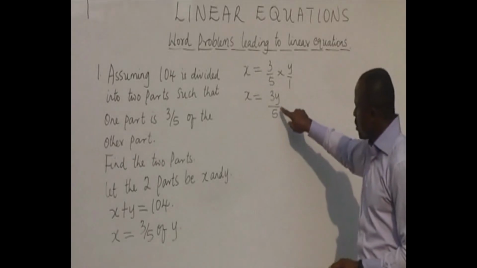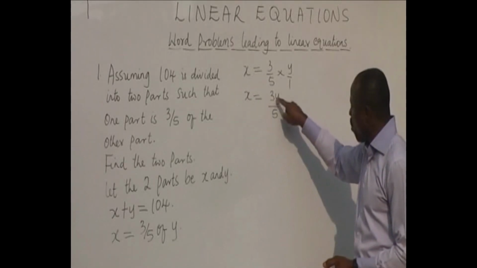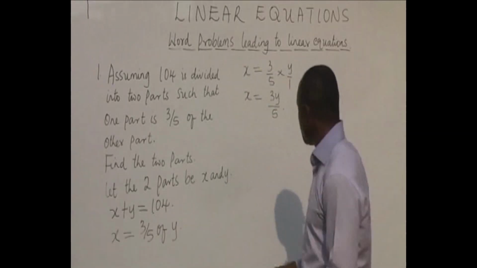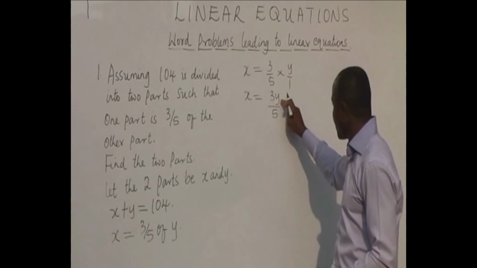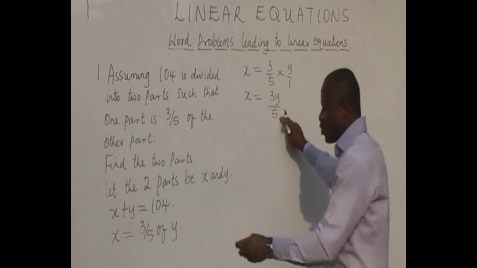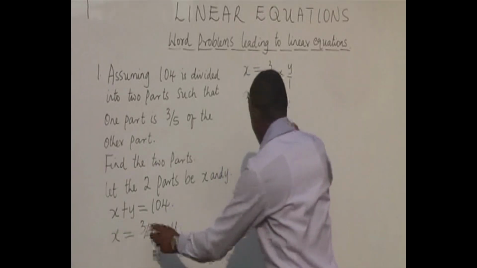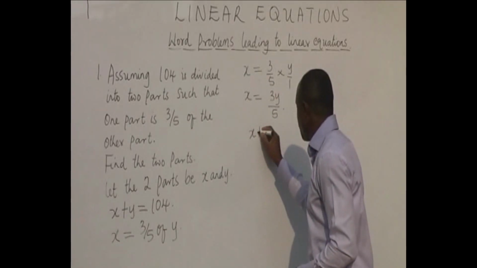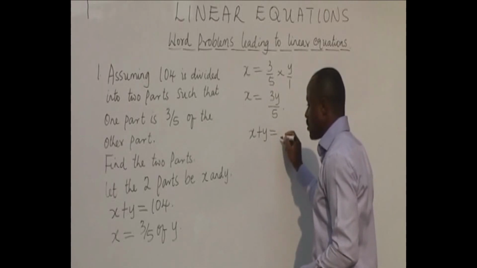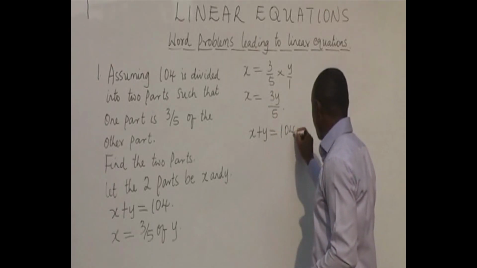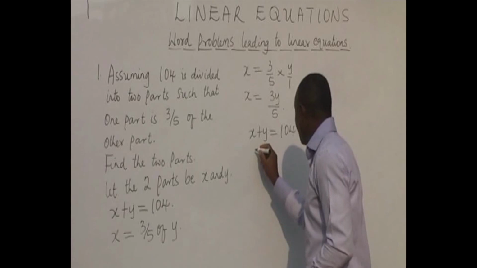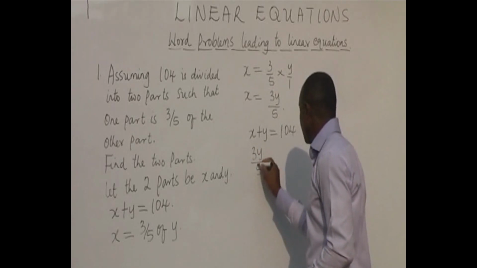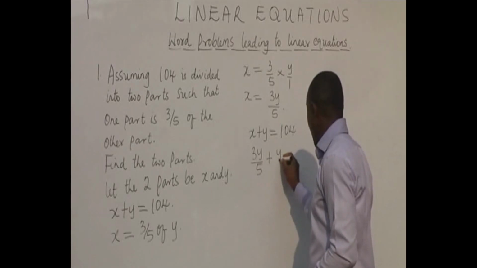Now, substitute X is equal to 3Y/5 in the first equation. Use 3Y/5 to replace X in the first equation. The equation will be, instead of X plus Y is equal to 104, it will become 3Y/5 plus Y/1.